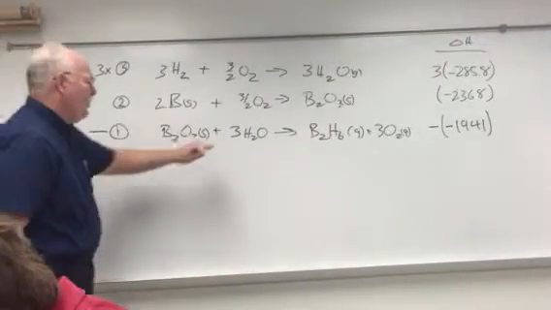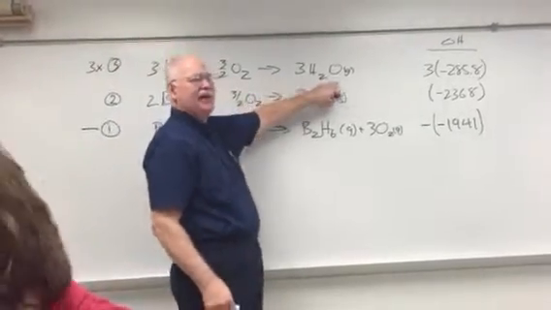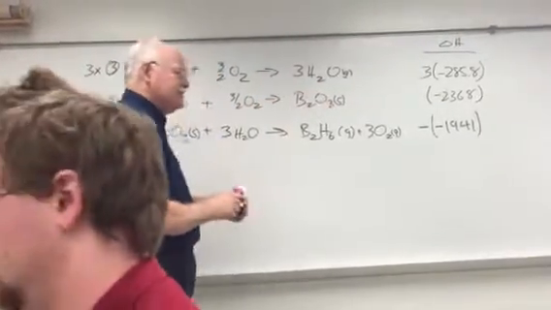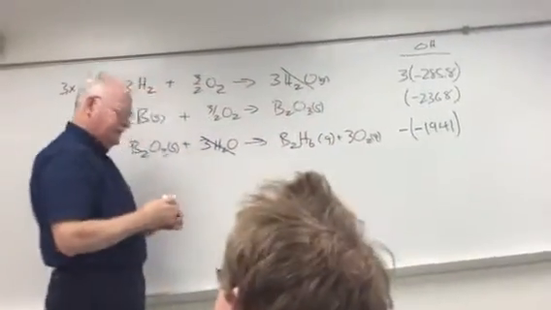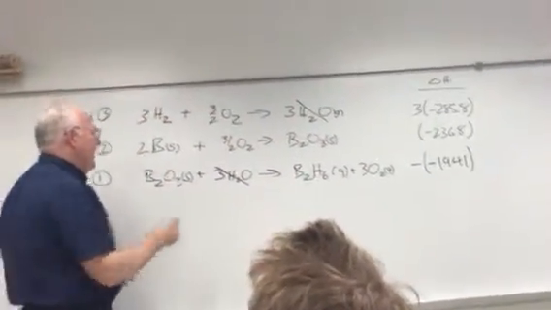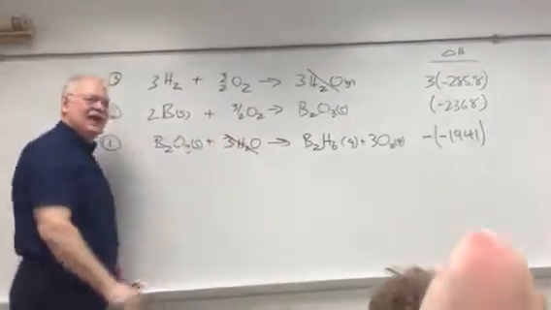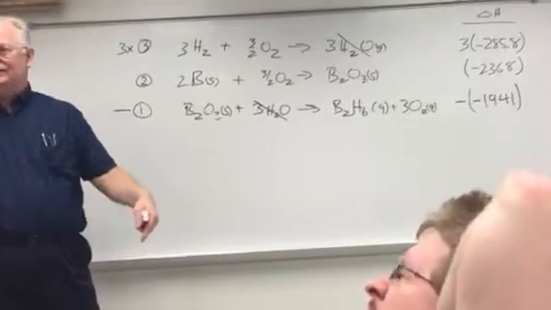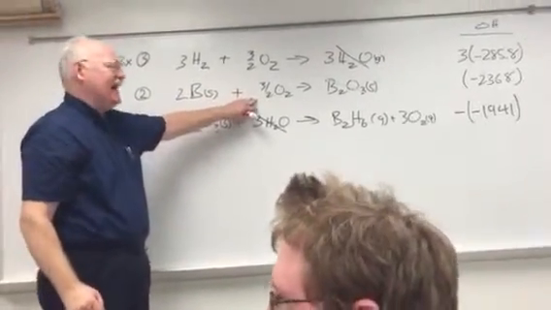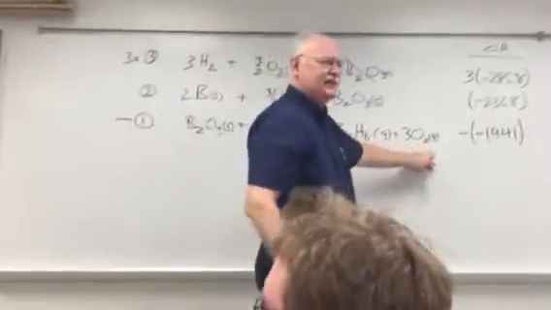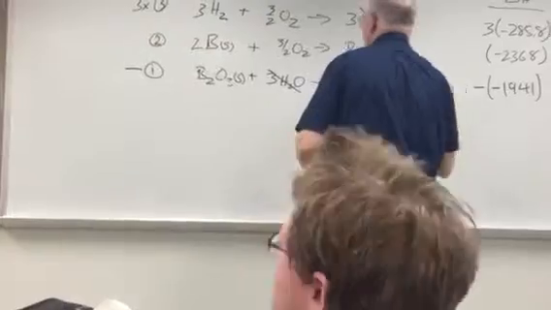We have 3 waters on the reactant side here, and on the product side there. We can cancel those out. And we have 3 halves plus 3 halves oxygen on the reactant side. What's 3 halves plus 3 halves? 3. We've got 3 oxygen on the reactant side and 3 on the product side. So that can cancel out.